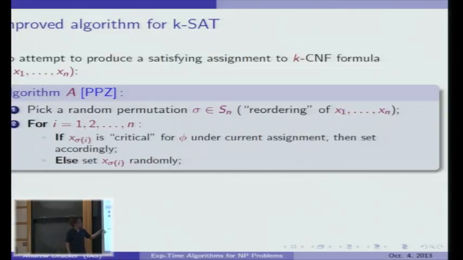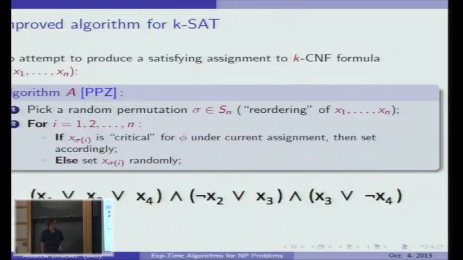And there's some notion of criticality. So at each stage, we've gone to the ith stage, and we want to set this variable x sub sigma i. And basically what this says is, if there's some obvious reason you should set it to 1 or to 0, then do so. If you can't see an obvious reason, then just set it randomly. And I'll explain by example what it means for this variable to be critical.